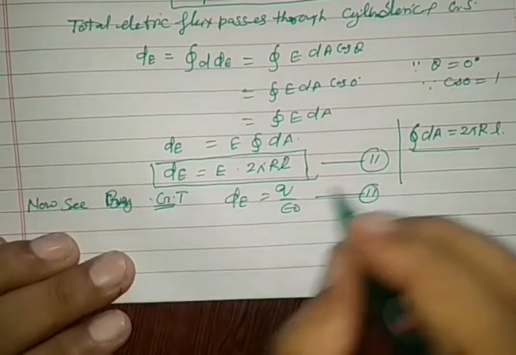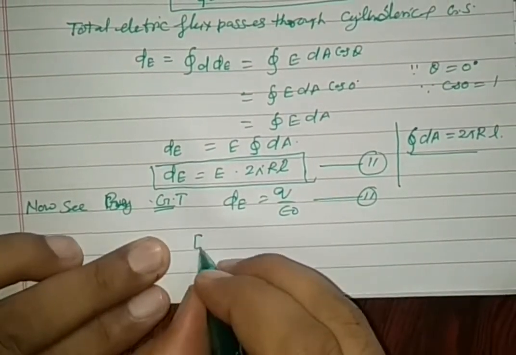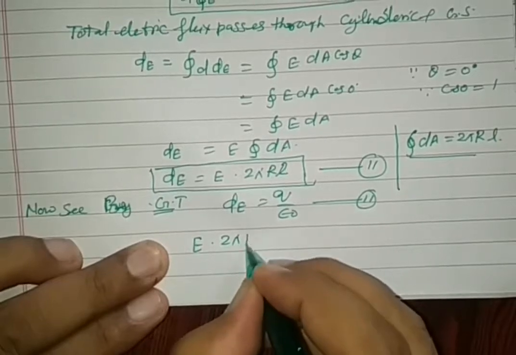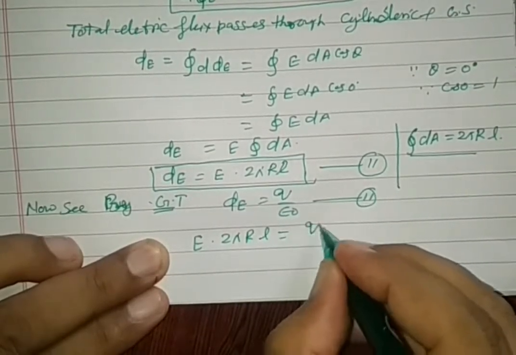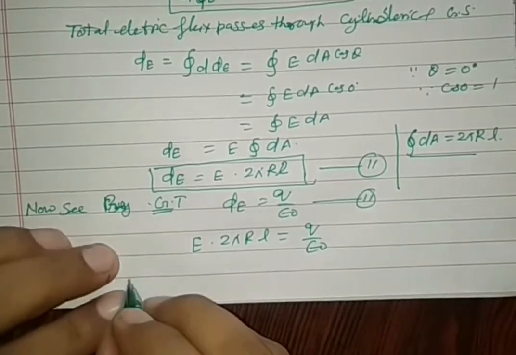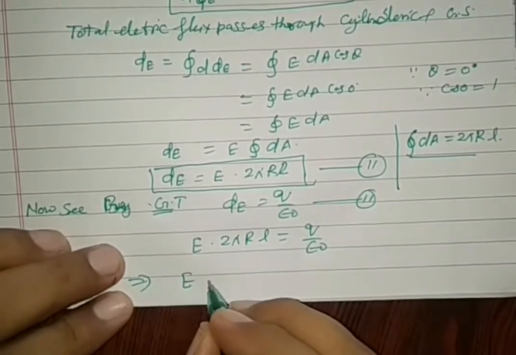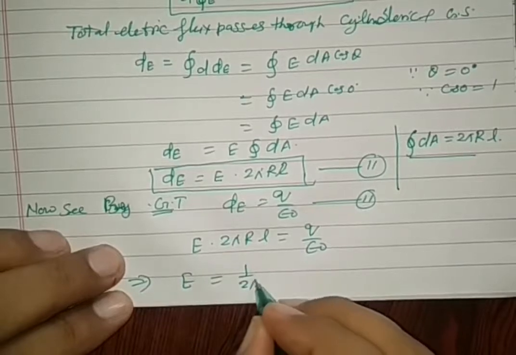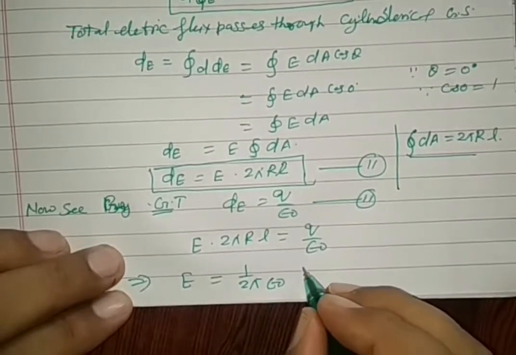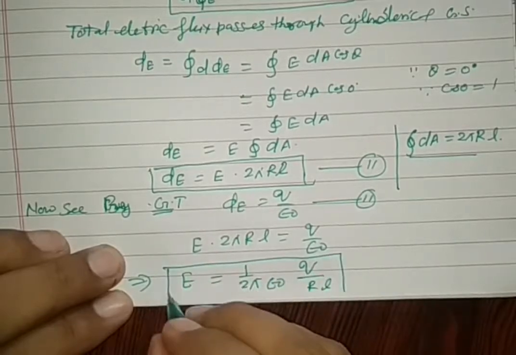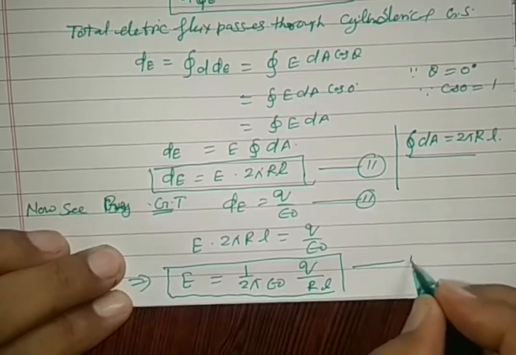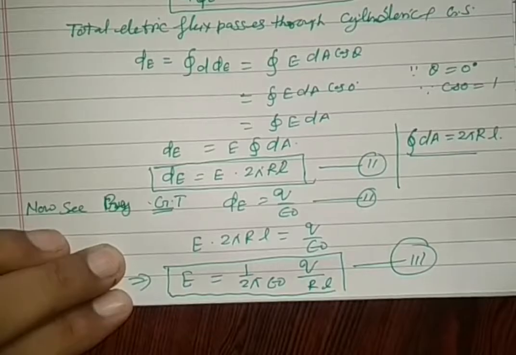So comparing both equations, we may write E into 2 pi RL is equal to Q by epsilon 0, or this implies that E is equal to 1 upon 2 pi epsilon 0 Q by RL. It is represented by equation 3.